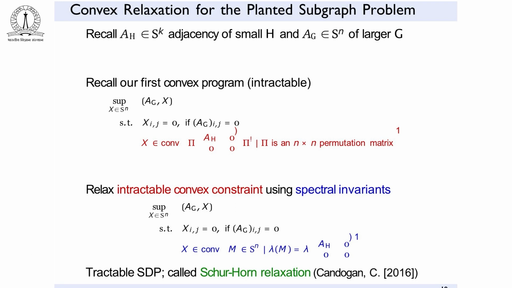The purpose of asking this question is you have used these spectral invariants. I could have used some other thing. Why is this better than maybe some other? Great question. As far as I'm concerned, that's actually an open question. I don't know. If you told me that A_H has this kind of structure, I don't have a good answer to the question of what are the best invariants to use for that structure.